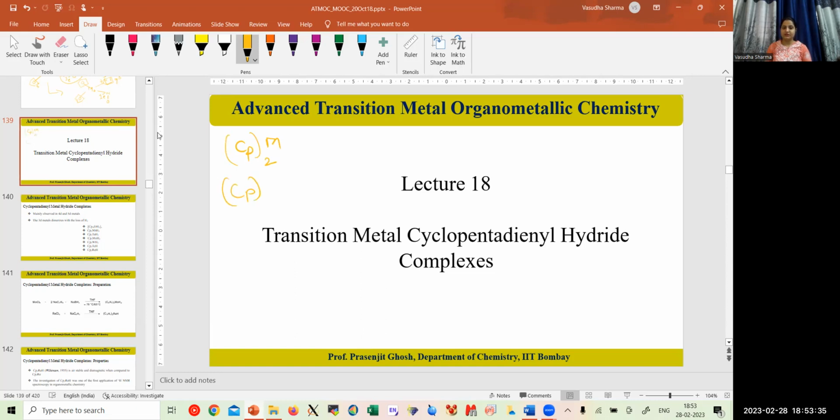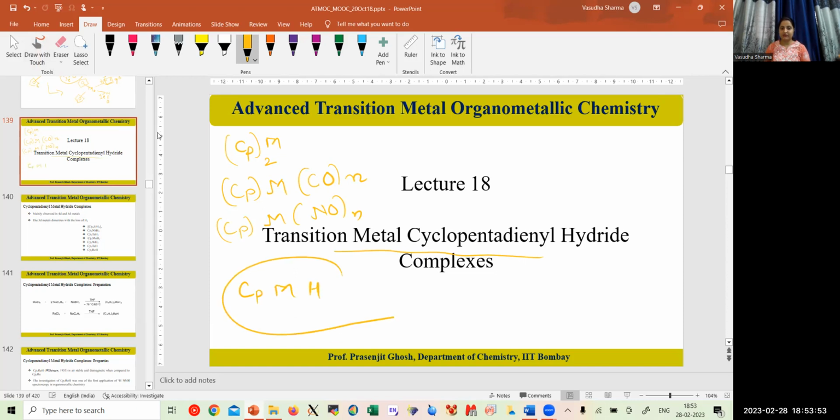We have seen so far one Cp with different carbonyl groups, one Cp with metal and nitrosyl, or a combination of carbonyl and nitrosyl both. And here we have the combination now: we need a Cp-M and this hydride bond. So this lecture is all about the transition metal cyclopentadienyl hydride complexes.